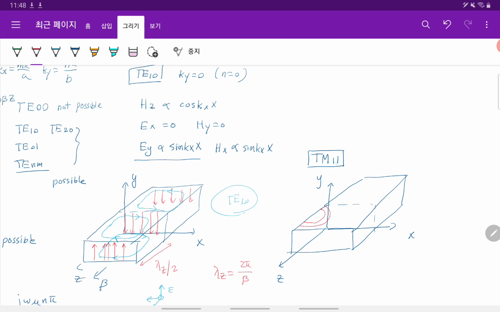Because for this case, Hz is 0 and Ez is not 0, right? So for this case, we have an Ez field. You see, right? So the E field should have some perpendicular component at the edge. It is shown like this, and then below it should be similar.